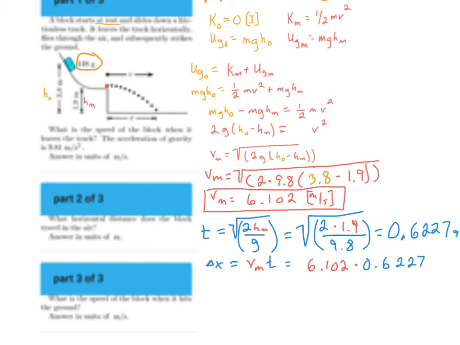So my answer for delta x will come out to 3.7997. So my fifth number is going to round up and carry the 9. So it's pretty much going to come out to 3.8. And remember, I like putting 4 numbers, so I'm still going to put the 2 numbers after the 8. And that's how far it's going to go in meters. Right exactly at 3.8 meters. That's my answer for part 2.